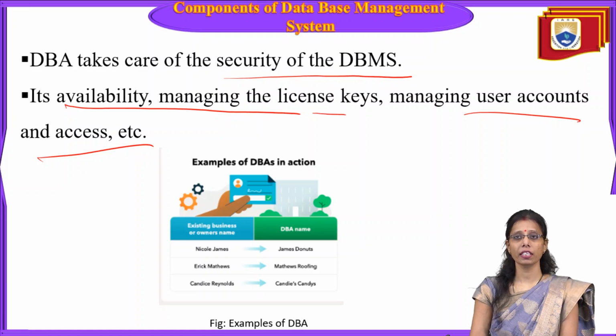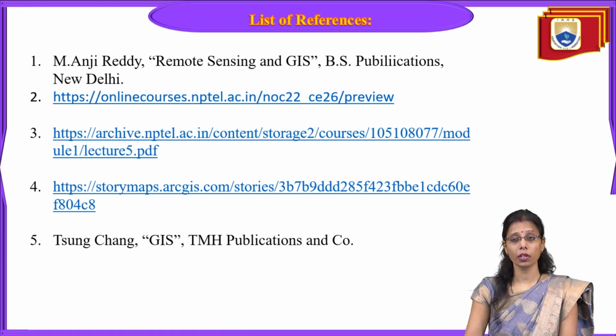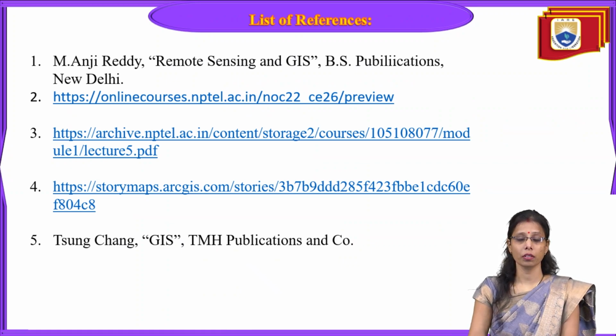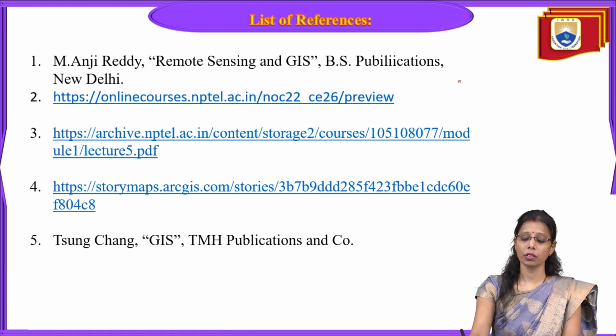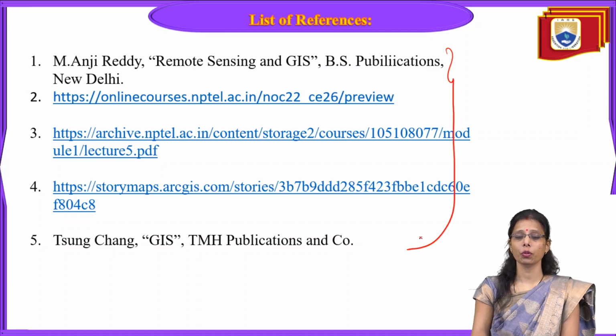In the previous lecture, if you remember, we discussed the different types of databases. We have many types of databases. To run a particular database, we have to maintain these components to run that kind of database in the computer system. I hope you understood these components of the DBMS, and you can go through these references to find more content about the database management system.